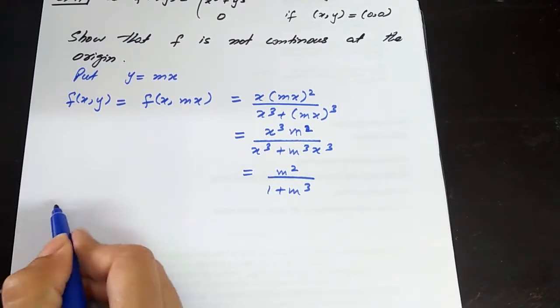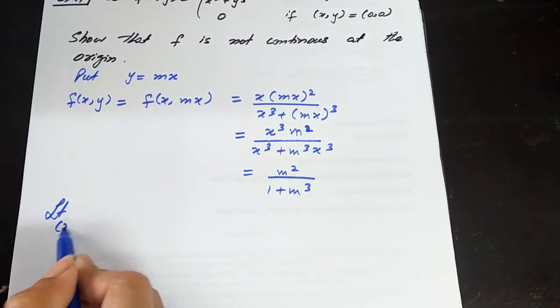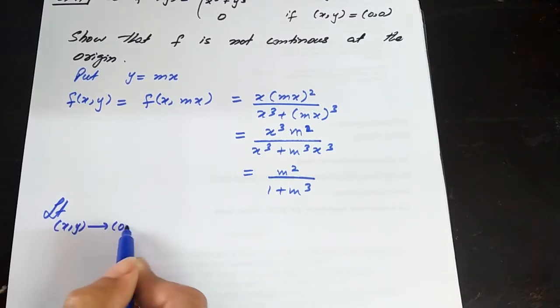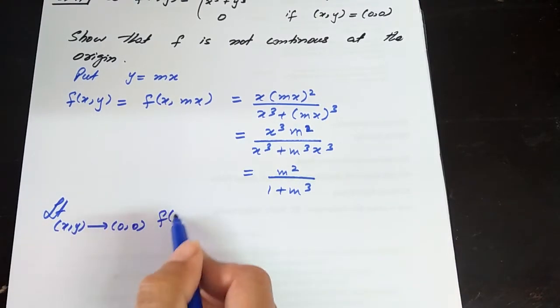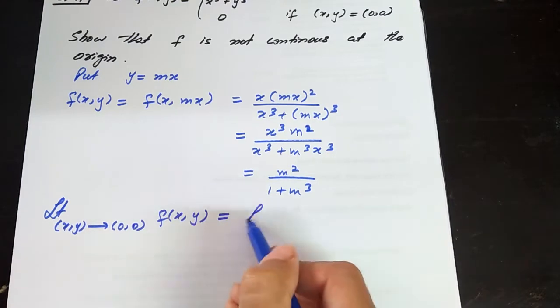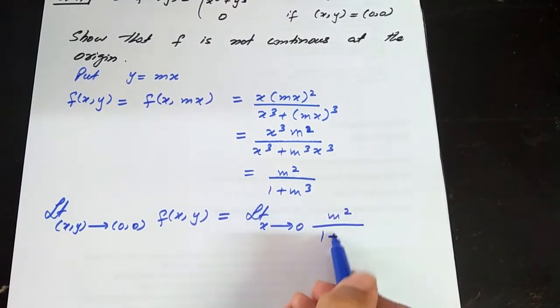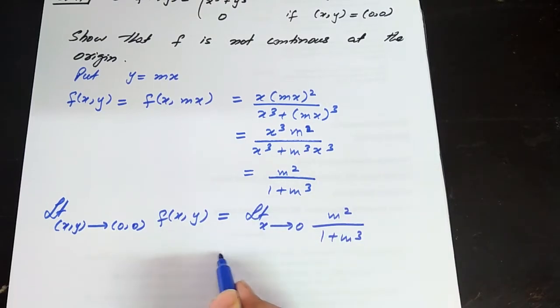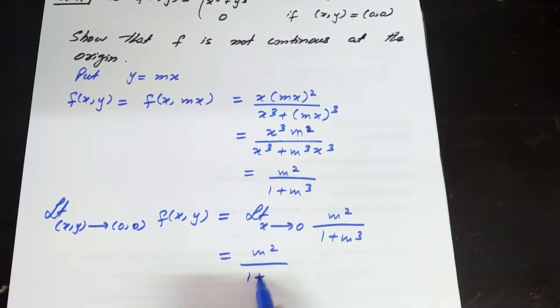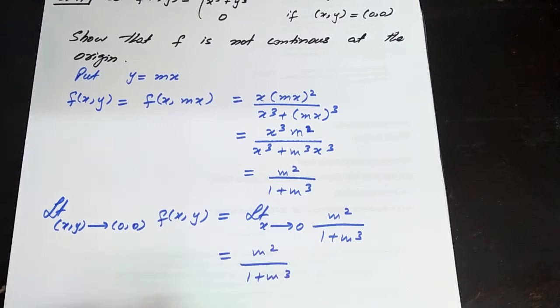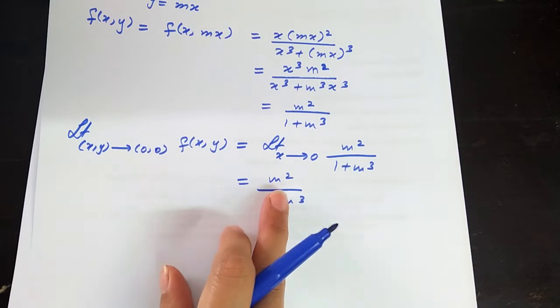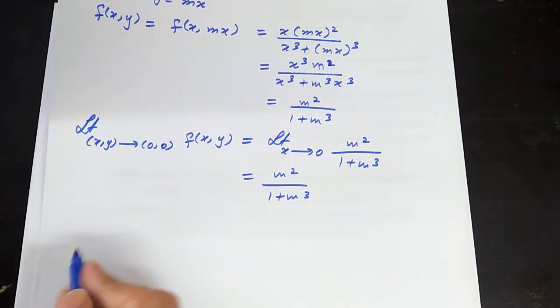Now if you apply the limit, limit (x,y) approaches (0,0) of f(x,y) will be limit x approaches 0 of m squared over 1 plus m cubed, which equals m squared over 1 plus m cubed. As our limit depends upon this m, it means our limit does not exist here.